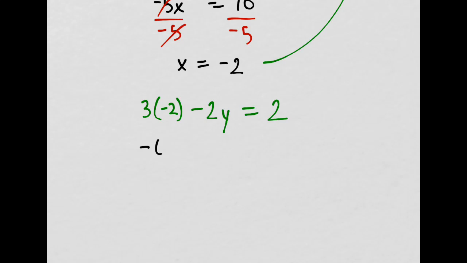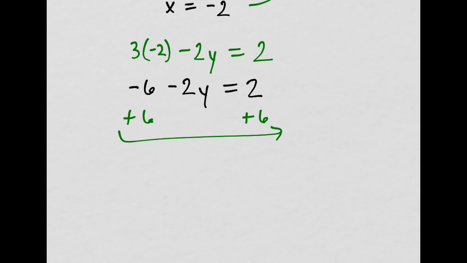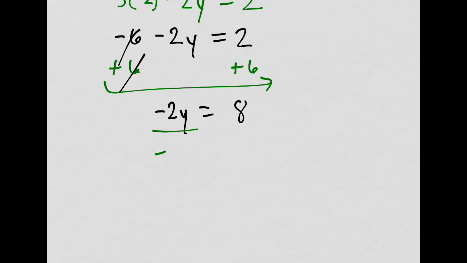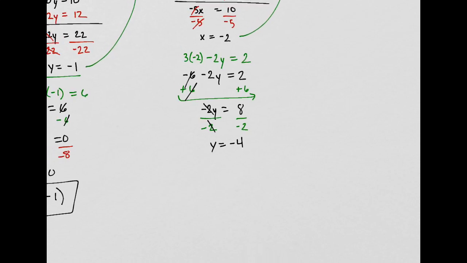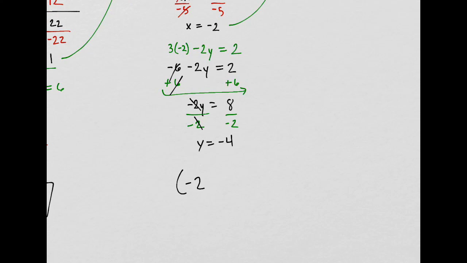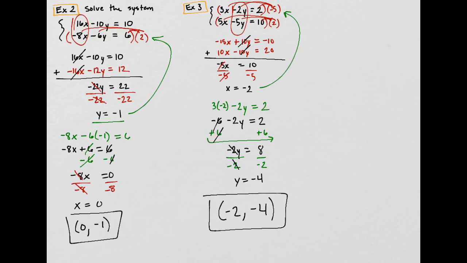So this would be -6 minus 2y equals 2. We've definitely done this before. Plus 6, I'm adding that over. Don't forget the negative. -2y equals 8. And then divide both sides by -2. So I get y equals -4. So my answer is -2, -4.